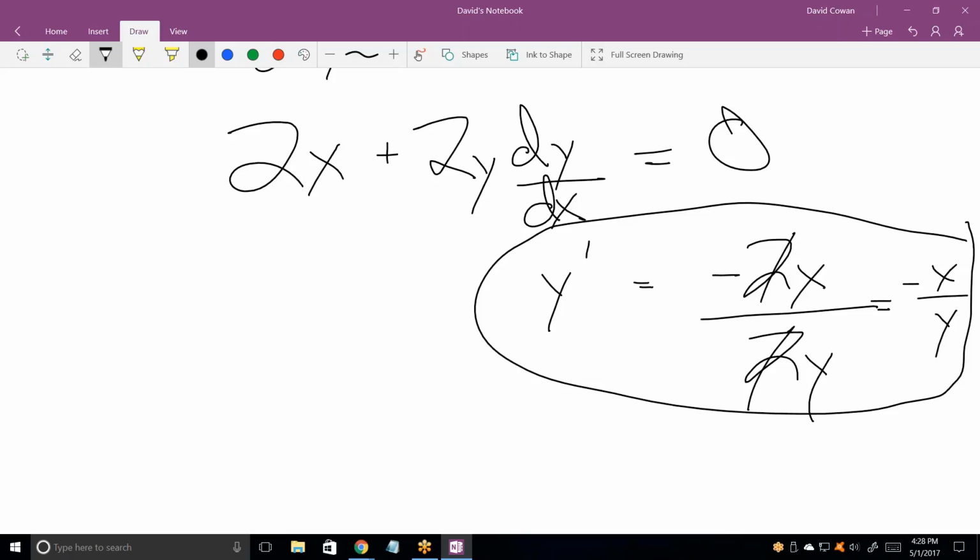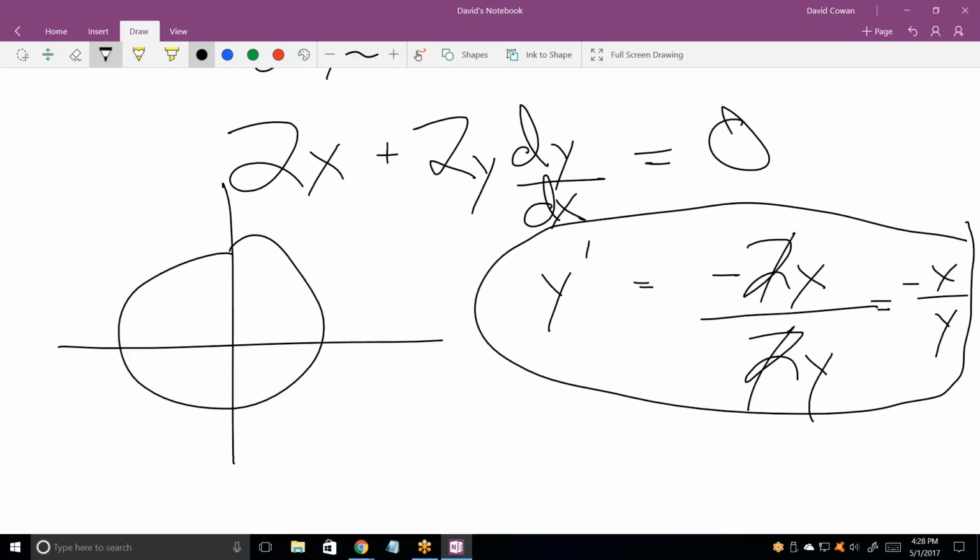Nothing wrong with having an x and a y. What I gave you to start with was the equation of a circle. So if I want the slope, which is what the first derivative is, and I want the slope of the tangent line at some point, you're going to give me an x and a y coordinate.